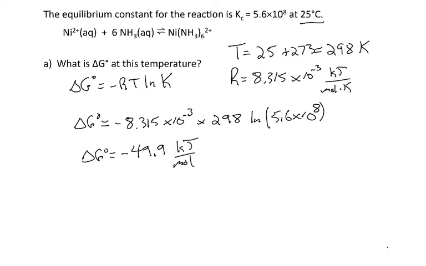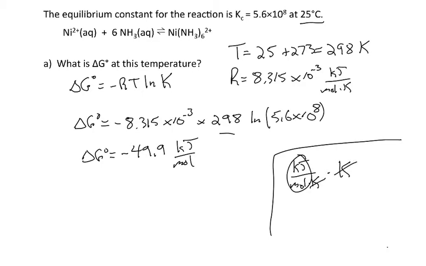And if I want to look at how the units came out, the way I got kilojoules per mole is, R is kilojoules per mole times Kelvin, and then I multiplied that by the temperature in Kelvin, so the Kelvins will cancel, and that's what leaves me with the kilojoules per mole.